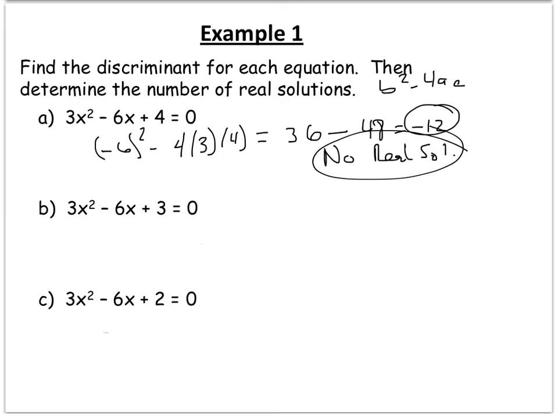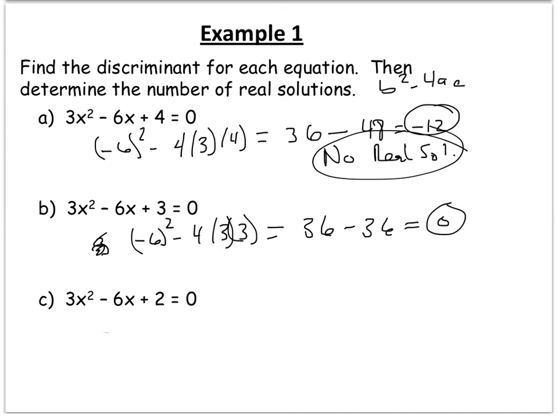Let's hop on to the second one, or part B. So it's still going to be negative 6 squared minus 4 times A times C. Okay, so we have 36 minus, and then we have 4 times 9, which is also 36. So the discriminant is 0. There is one real solution.